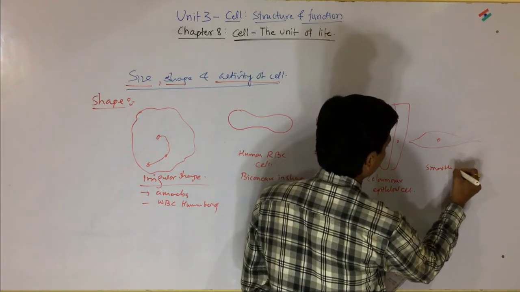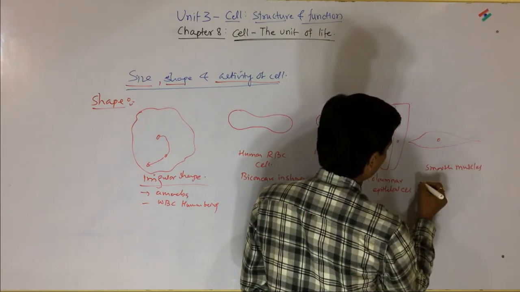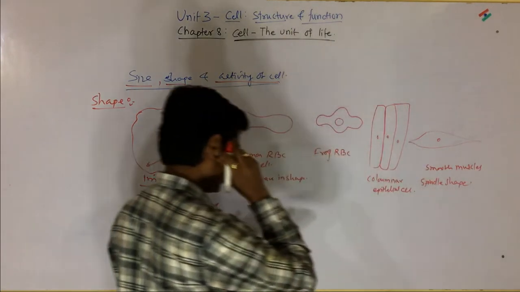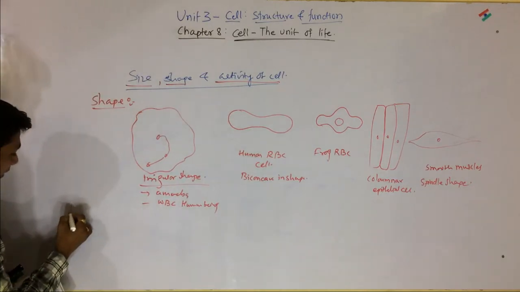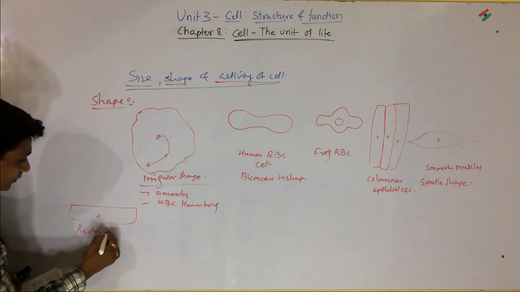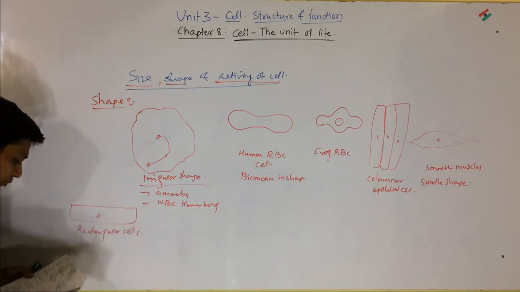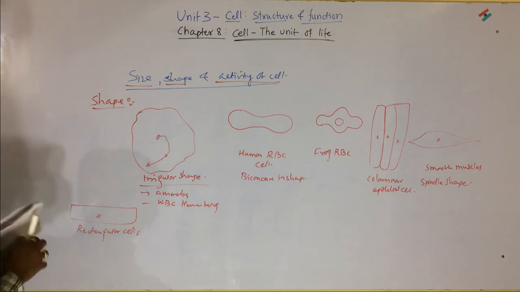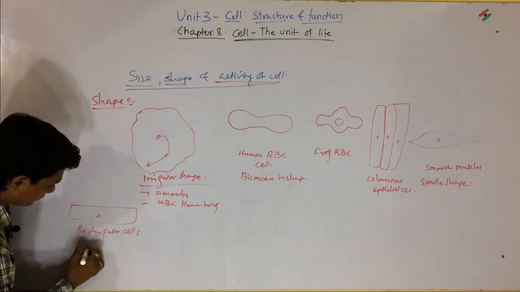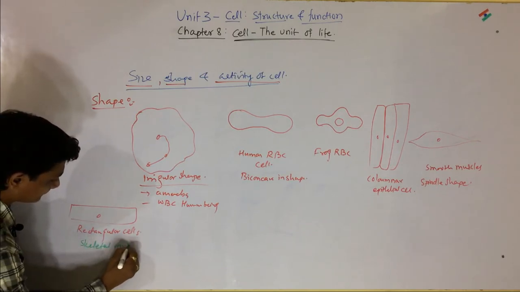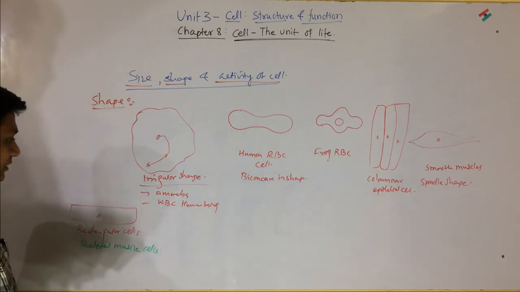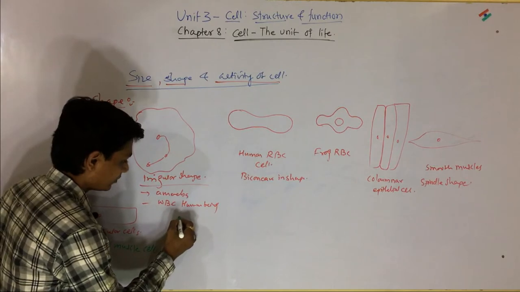Smooth muscles are spindle shaped in structure. Some rectangular cells are also present, and they are nothing but the skeletal muscle cells of human beings.